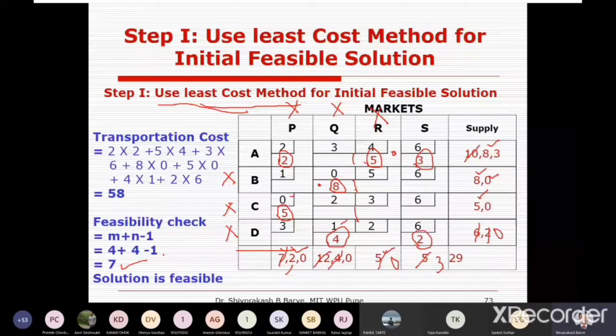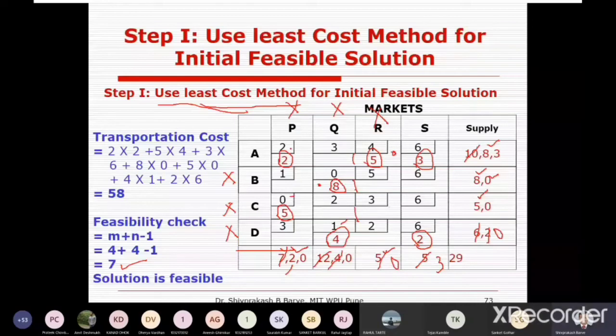But we have to check whether this is the optimal solution or not by using either the stepping stone method or the modified distribution method. If we want to find out the transportation cost, because we got these allocations and these costs are the unit costs, then by considering this allocation, calculate the total transportation cost.